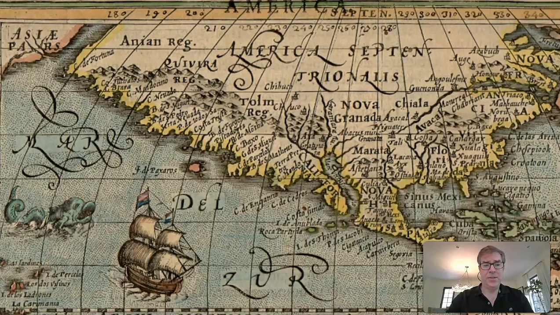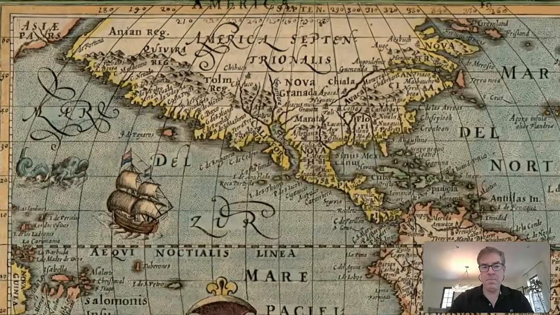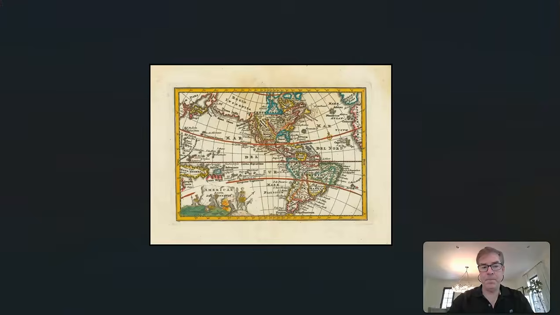And you can still see on the eastern part in the top left, Asia Pars, or part of Asia. And you can see that there's now one strait between two continents, and not two. And the land of Jesus is missing from this map. You can also see Quivira again on this map in that area.